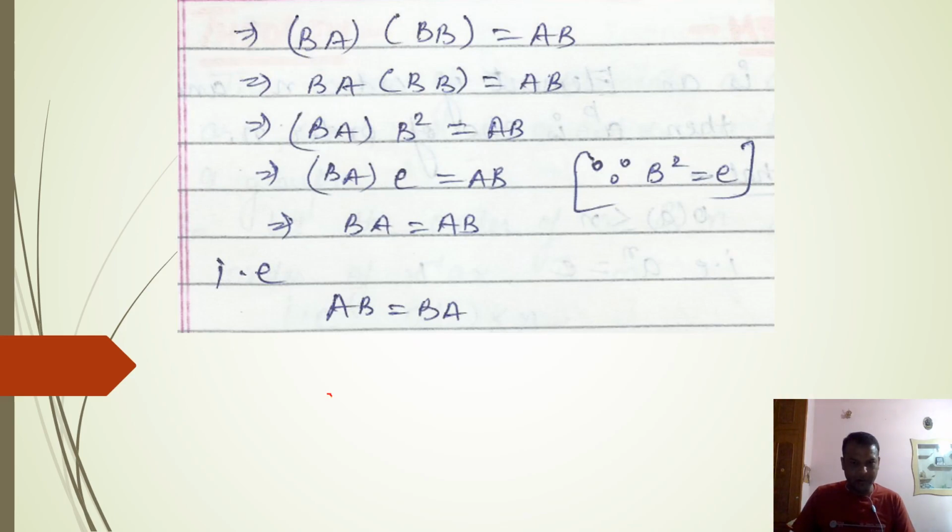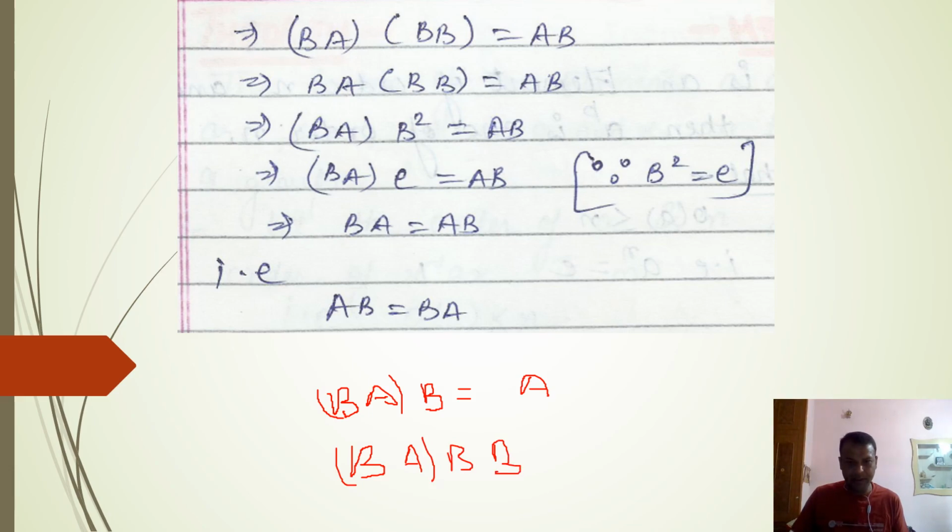So we have proved that BA into B is equal to A. On multiplying both sides by B, we can get BA into B and B, this will be equal to AB.